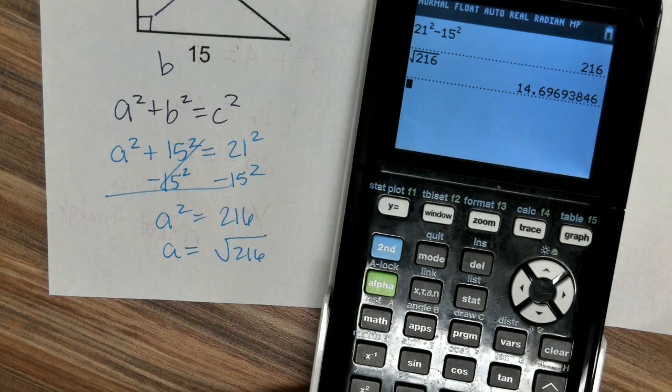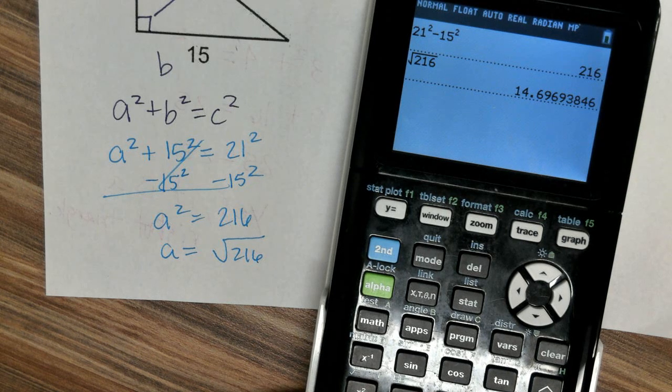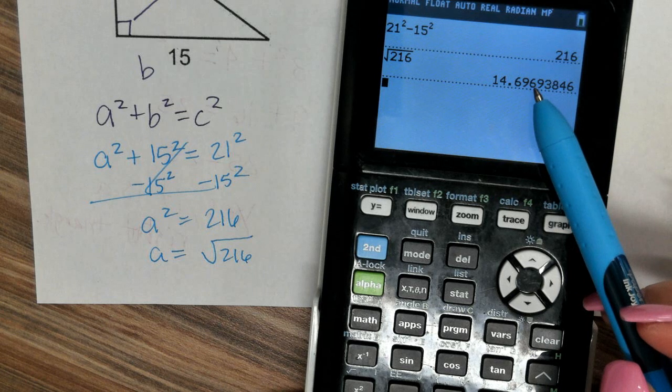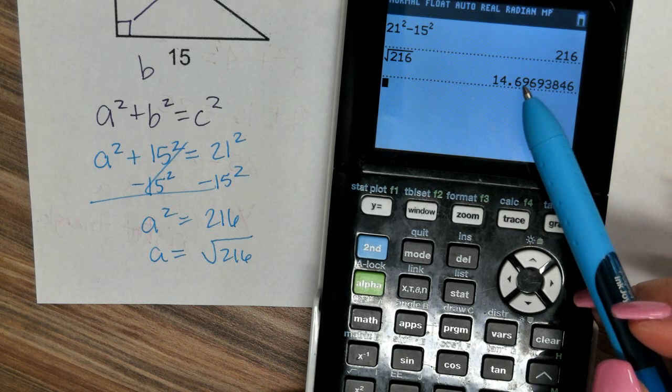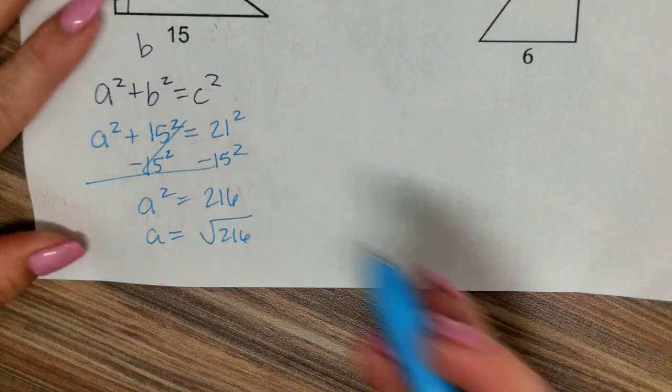Which is 14.69. If we round, let's round to the hundredths place. So this is the hundredths place. So that 6 is going to make the 9 go up to a 10, and so it's going to be 14.70.